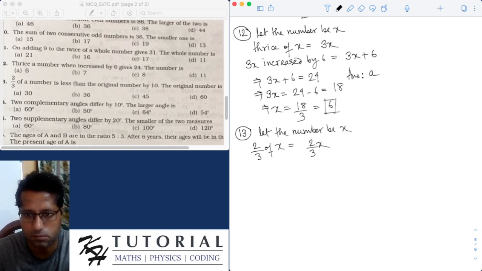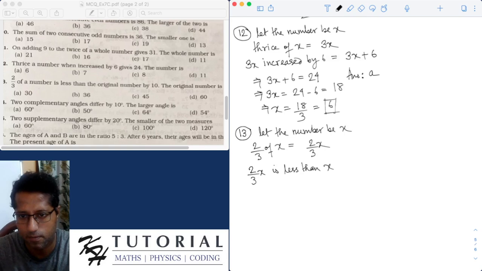Now we know that this number is less than the original number, which in our case is x, by how much? Definitely it will be x minus 2x by 3. This is important to note.